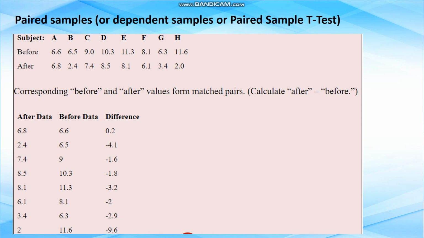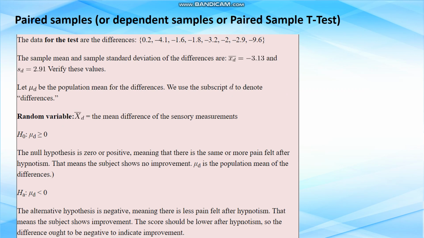For subject B, 2.4 minus 6.5 is equal to minus 4.1, and so on. So at this stage, you get the data for the test. They are the differences.